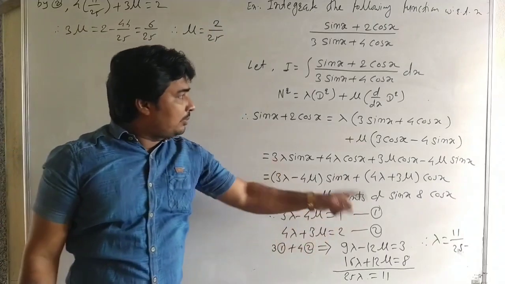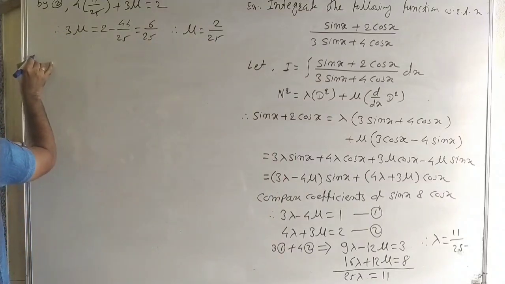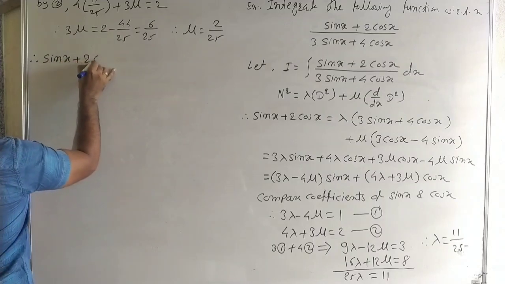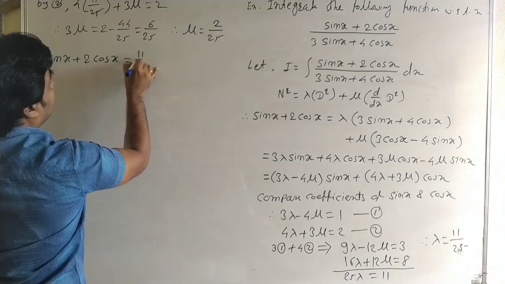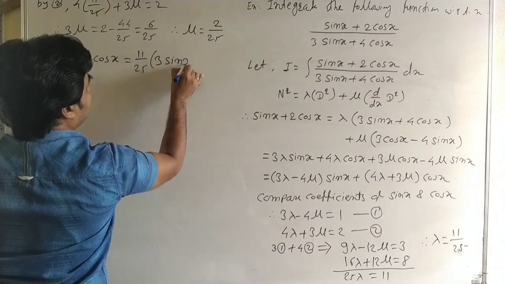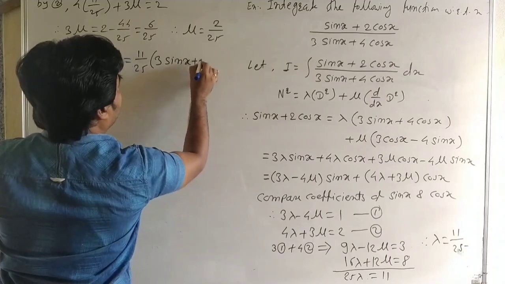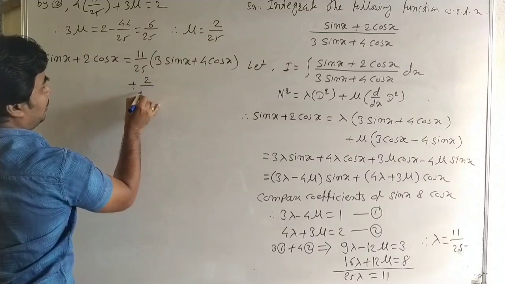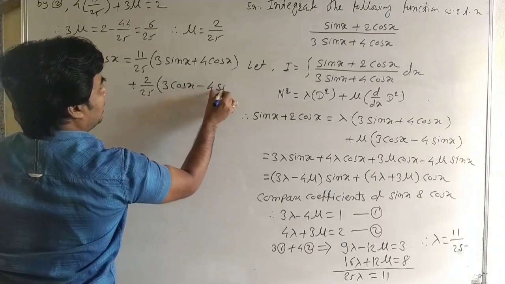We get the value of lambda and mu. Put the values of lambda and mu in this term, and therefore the numerator becomes sin x plus 2 cos x is equal to lambda, 11 by 25, into the denominator 3 sin x plus 4 cos x, plus mu into the derivative of the denominator, 3 cos x minus 4 sin x.